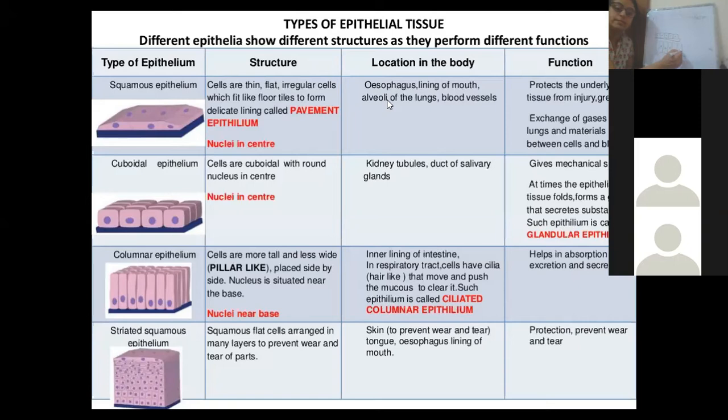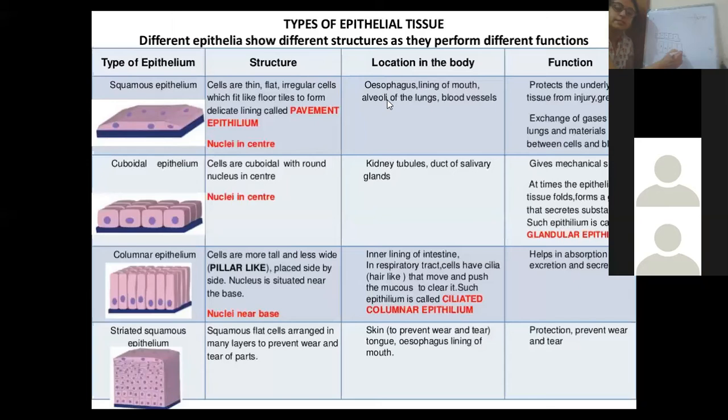It is present in the inner lining of the intestine. The intestine which makes up our intestine or any other animal's intestine, from the inner side of that intestine is having that epithelia which is known as columnar epithelia.